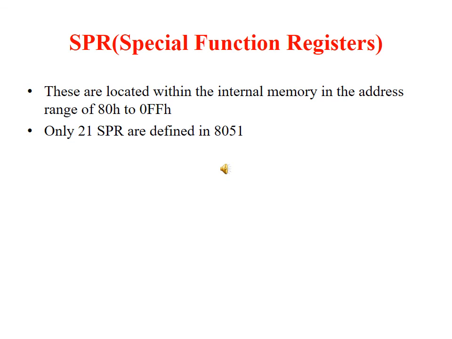For these special function registers, a total of 80 bytes of the internal RAM memory, that is from 80H to FFH, is reserved for storing them. They contain the addresses of the input output ports, control registers for the timers, counters, serial port, and interrupts. So all those things are available in the special function registers.